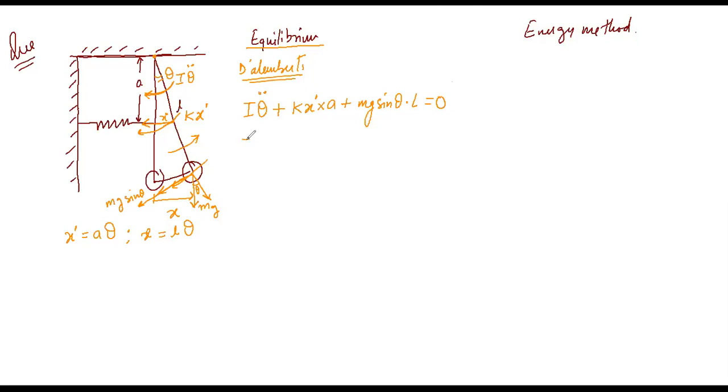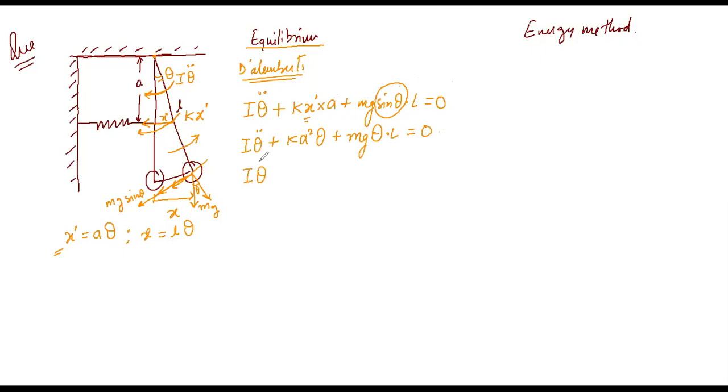So I theta double dot plus k x dash, where x dash can be written as a theta, then a square theta comes. Now always remember, if theta is very small, then sine theta can be written as theta, into L equals 0.